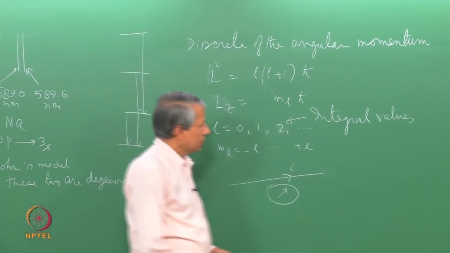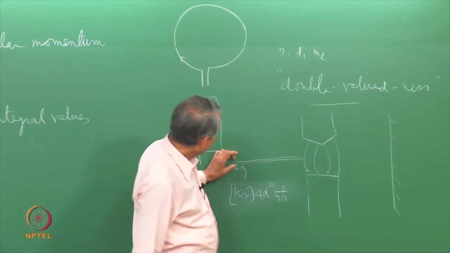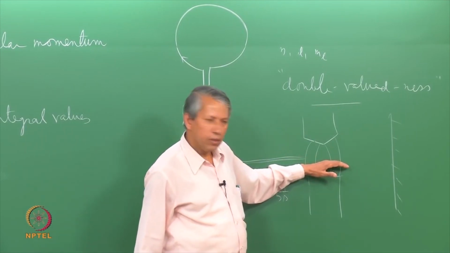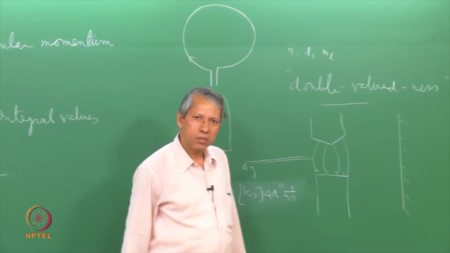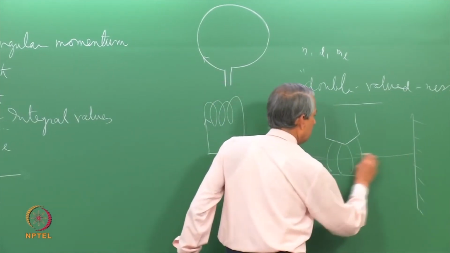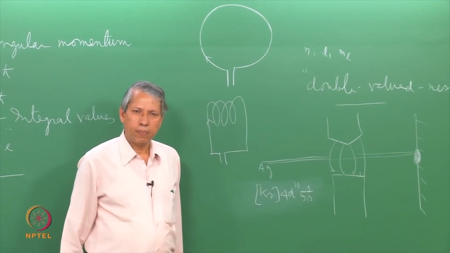What is expected is that since it has no angular momentum, it will also not have any magnetic moment. So, these atoms are allowed to go through this inhomogeneous magnetic field, they will not experience any particular force. So, what is expected is they will fall here and probably form some sort of lump here. That is the expectation.